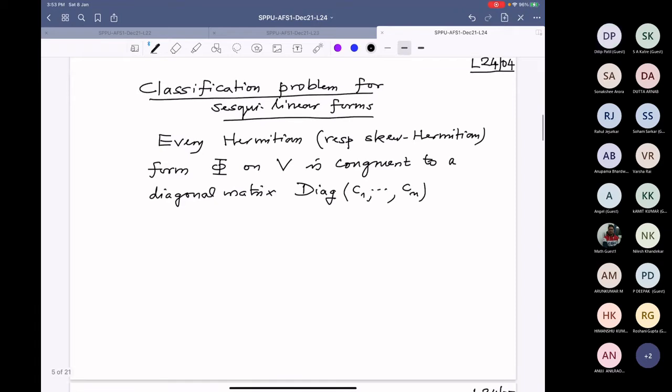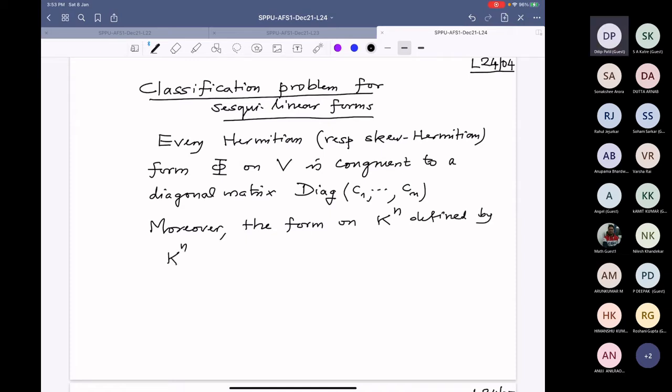Moreover, the form on k^n defined by k^n cross k^n to k.